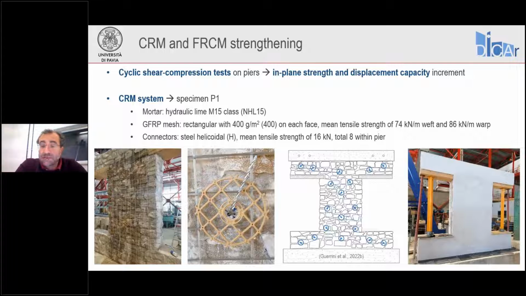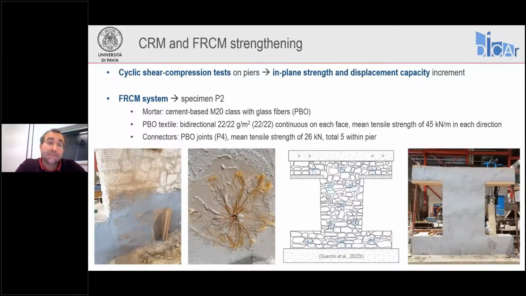And this is important to know, we'll see in a while. The pier was strengthened with 8 connectors. So this dense distribution was probably important for the success of this strengthening.